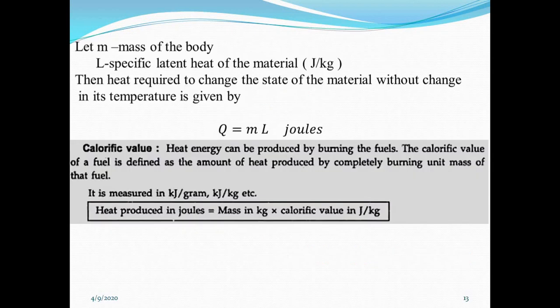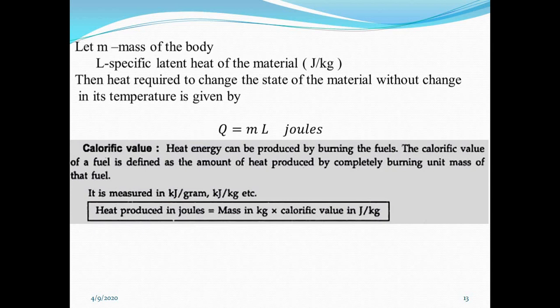Now for finding specific latent heat, m is the mass of the body, L is the specific latent heat of a material. It is in joules per kg. This specific latent heat is also known as specific enthalpy. It is the heat required to change the state of 1 kilogram mass of a substance without change in its temperature, and hence its unit is joules per kg. So the total heat is equal to mass into specific latent heat.